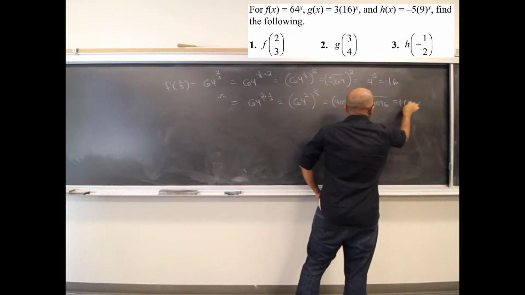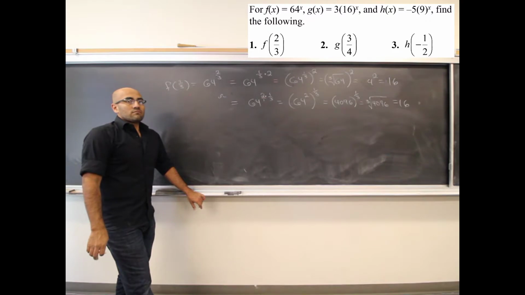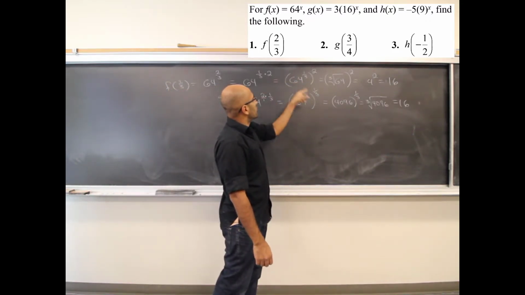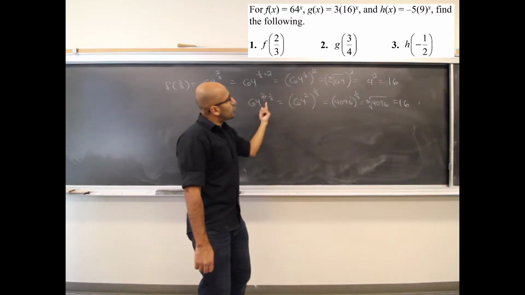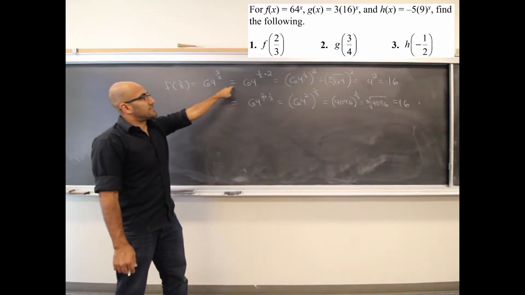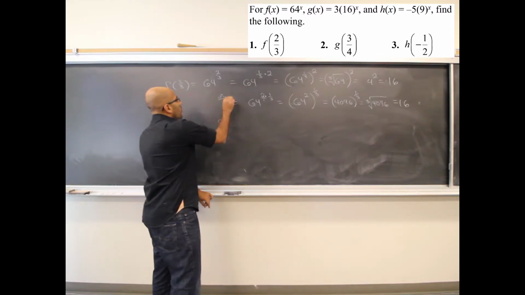And I know that's going to be 16. I'm going to get the same answer at the end of the day. Right? So they're both the same. It's just the order. Do you want to square first and then take the cube root? Or do you want to take the cube root first and then square? Right? I think most people might agree that the top one was a little bit better.